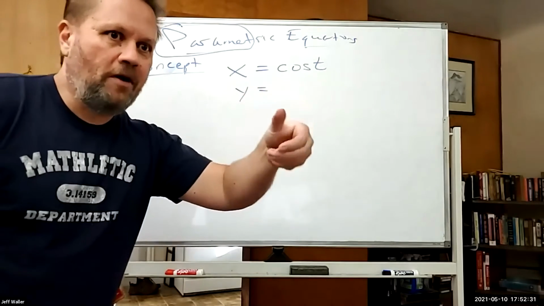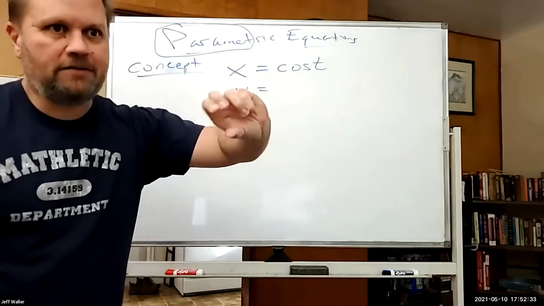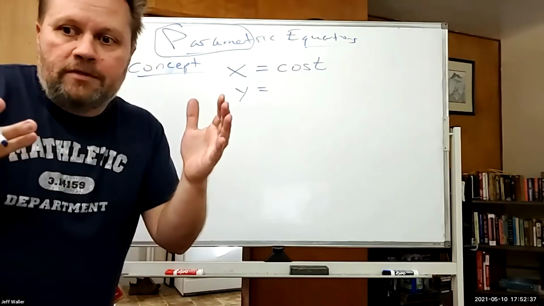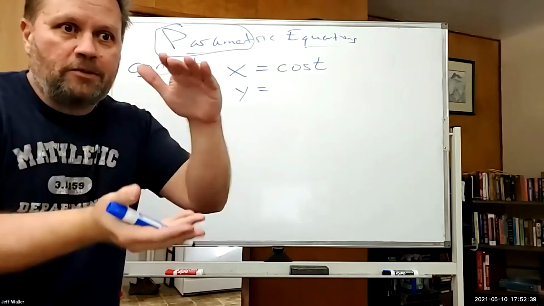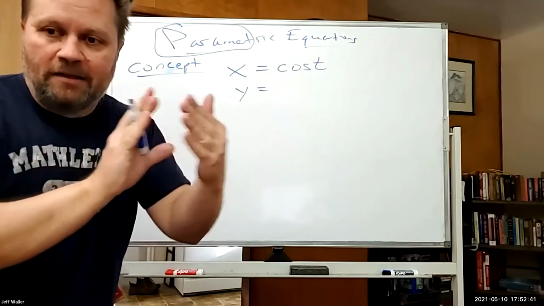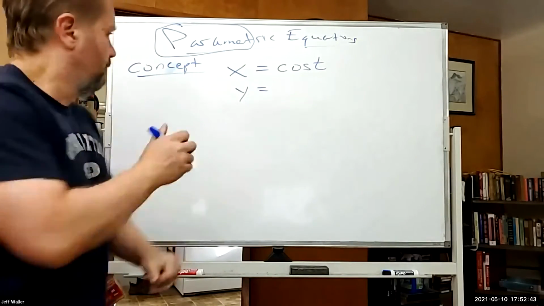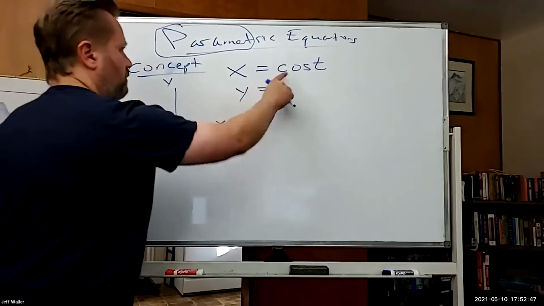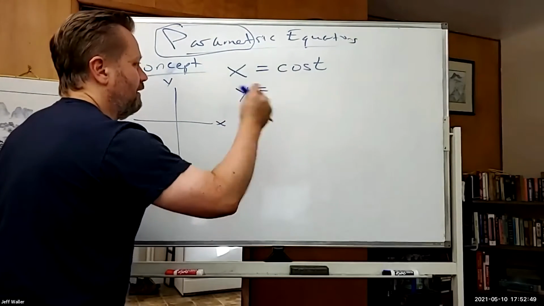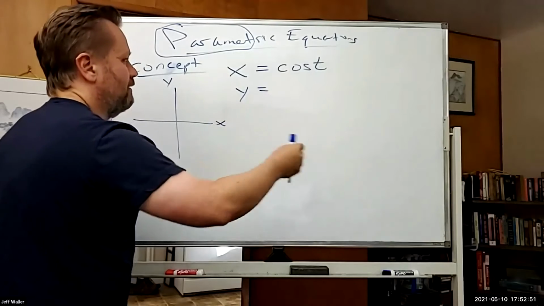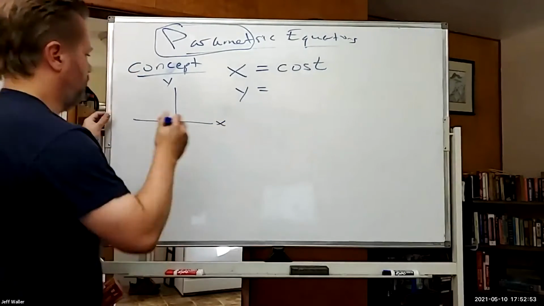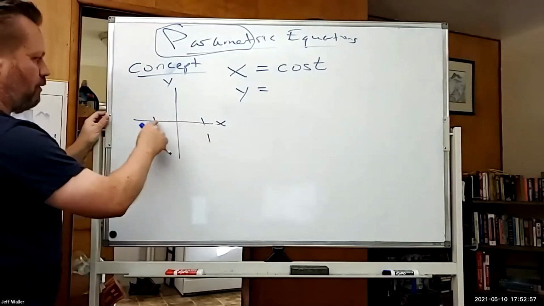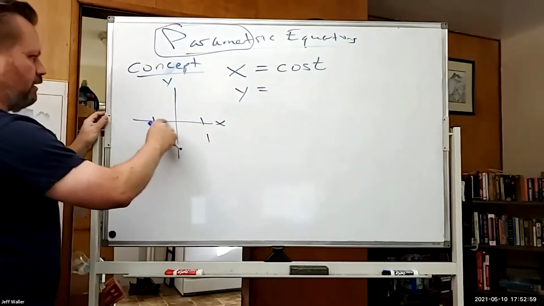I turn it to 1, and then I turn it to -1, and then I turn it to 1. Where am I coming up with those numbers? What does cosine go between? -1 to 1. So the x's are going from -1 to 1 to -1 to 1.